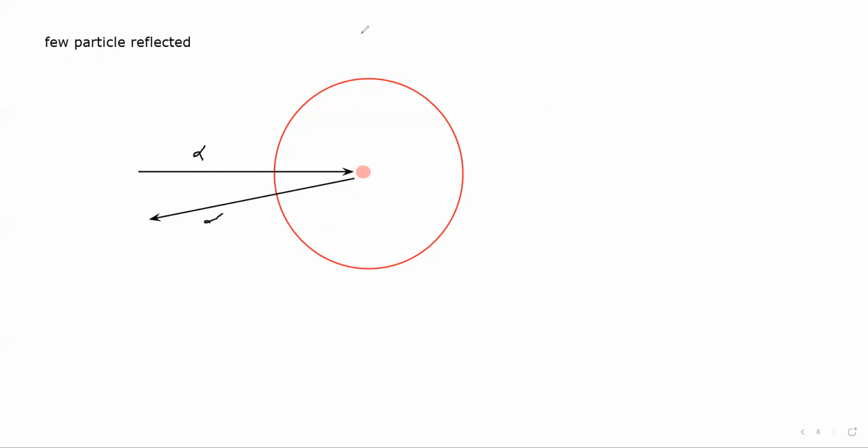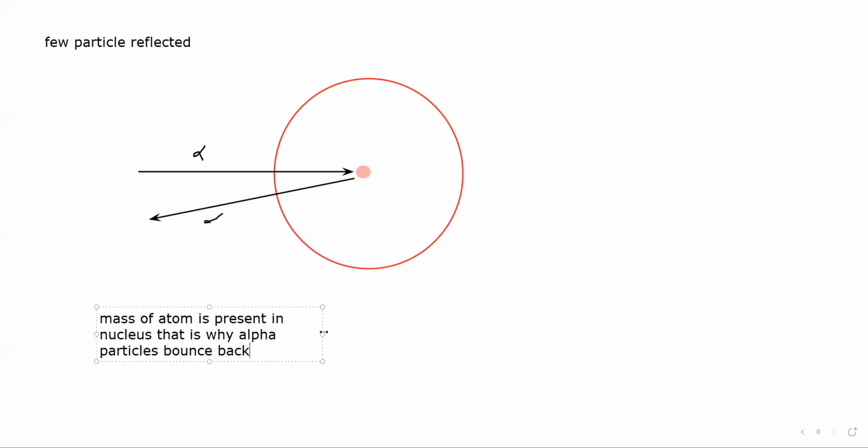From this he concluded that the mass of the atom is present in the nucleus, and that is why the alpha particle bounces back.